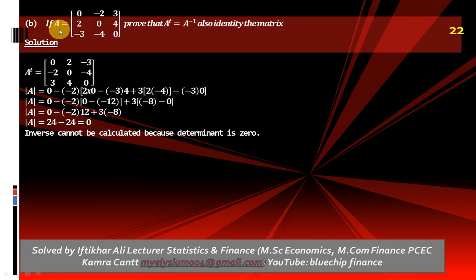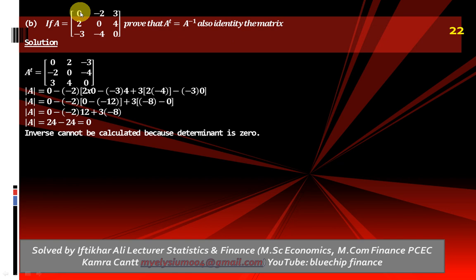B part, if A is [0, minus 2, 3; 2, 0, 4; minus 3, minus 4, 0], prove that A transpose is equal to A inverse, also the identity matrix. So first of all, we take the transpose. Transpose is just changing the order of the matrix. So here 0, minus 2 and 3 is written in row form.